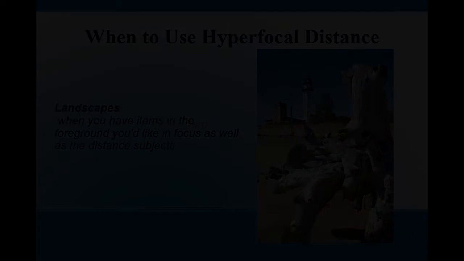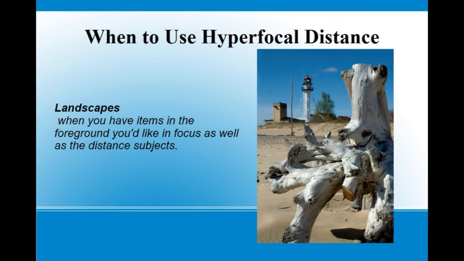So, with a wide angle lens and stopped down that far, you'll get a large hyperfocal distance. So when do you use hyperfocal distance? Well, one thing you can do is in landscapes, especially when you want the foreground and the distance to be in sharp focus. So, kind of a near-far kind of thing. If you're shooting a mountain range that's way in the back and you don't really have much in the foreground, it doesn't really matter. Just focus how you would normally.